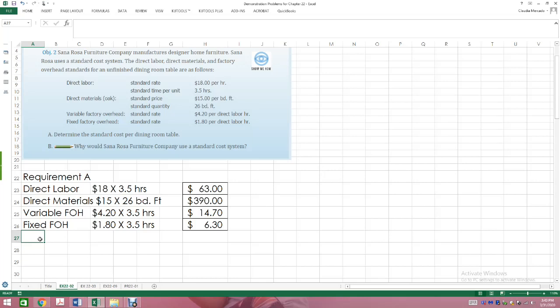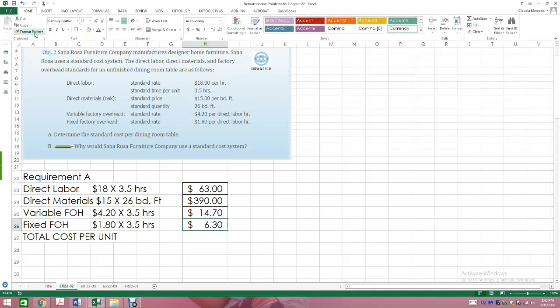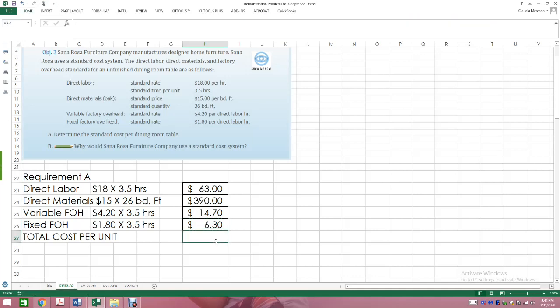Now I can calculate my total cost per unit. How much am I going to spend to manufacture one dining room table, including labor, materials, variable factory overhead, and fixed factory overhead? Well, to do that, you just add all of your costs. So I'm going to add my $63 plus my $390 plus my $14.70 plus my $6.30.